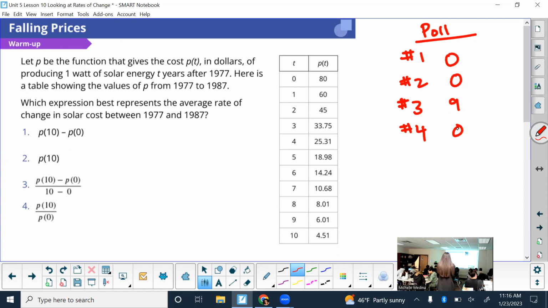Now no one picked 1. Why would it not be 1? So what do we call it when it looks like this? Is this P times 10 or what's going on here?